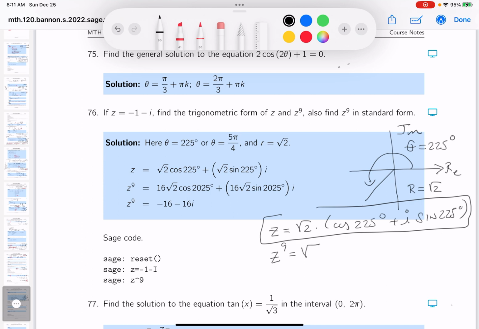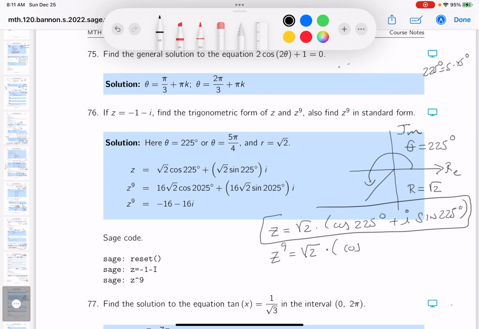Let's write this down. Root 2, and that's going to be times the cosine. I can write this a little differently. What I'm going to write down is 225 is actually, let's see, 5 times 45 degrees. All right? And let's take a look at that.